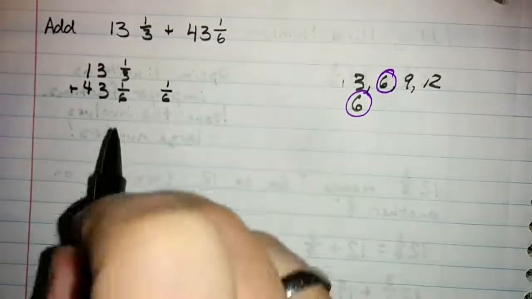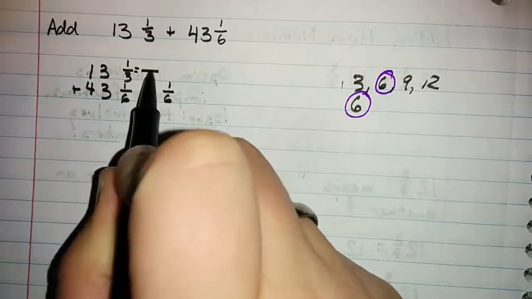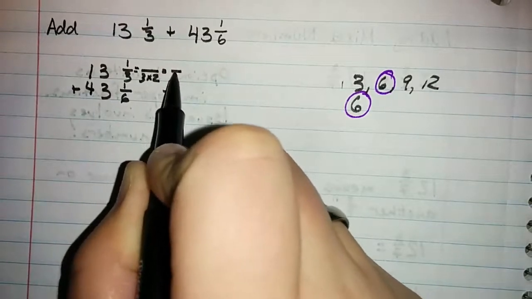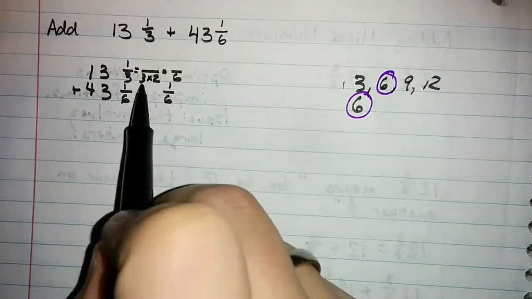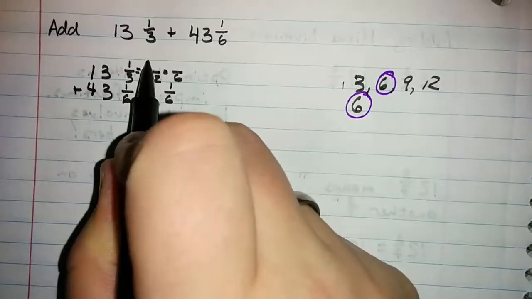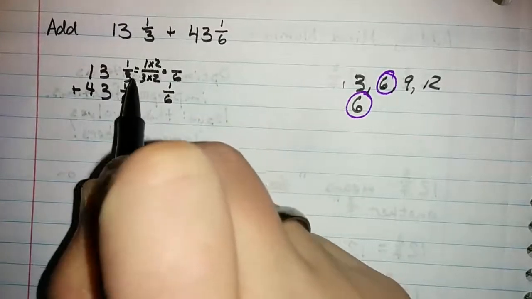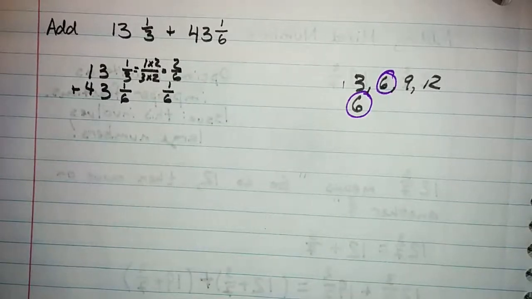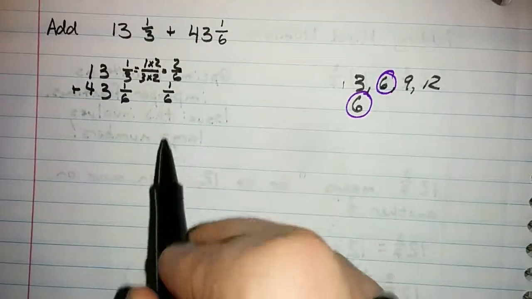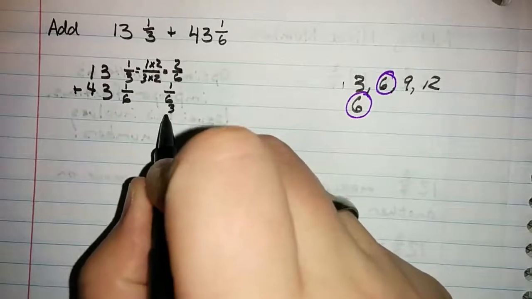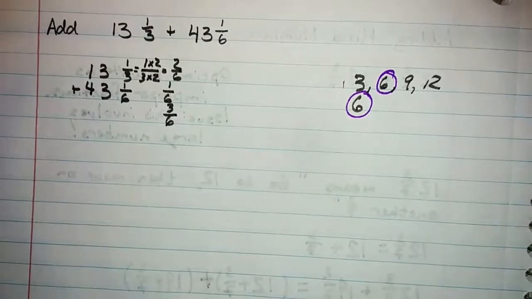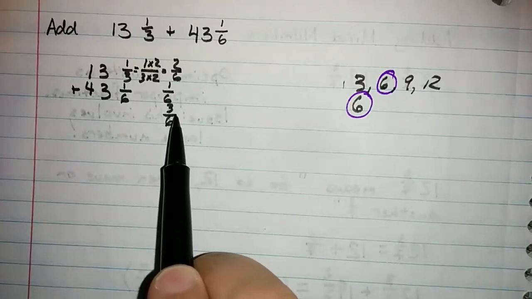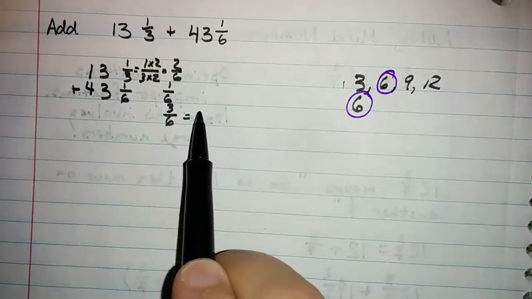1/6 will stay 1/6. 1/3: I want to get 6 for my denominator, so I need to multiply 3 times 2. I should also multiply 1 times 2. I'll get 2/6. 2/6 plus 1/6 is 3/6. I see that this is a proper fraction, but also I can simplify this, right?